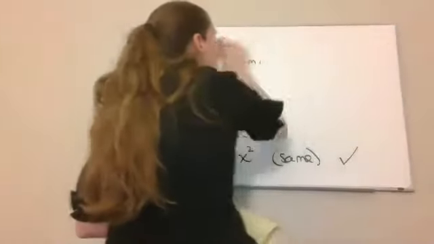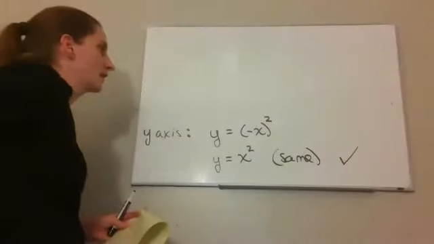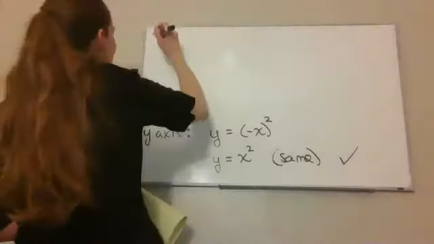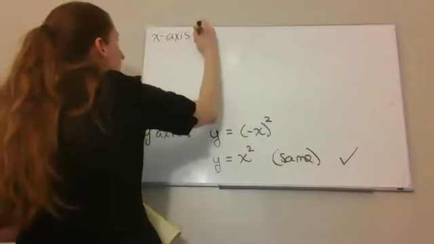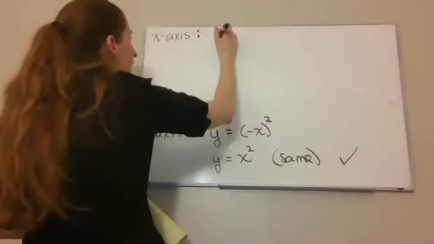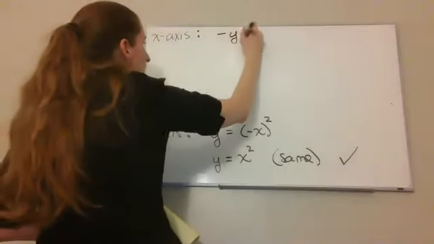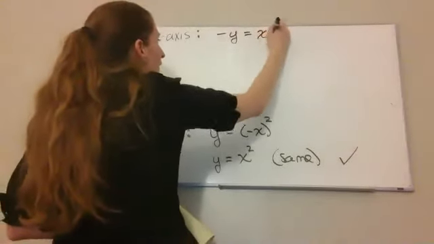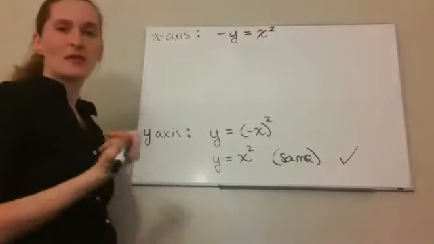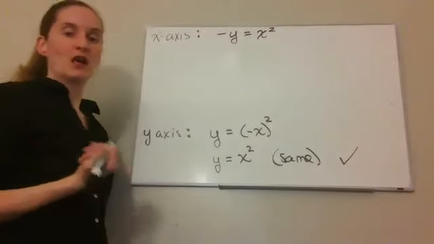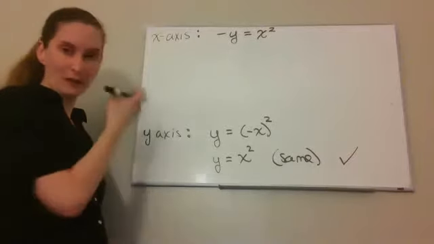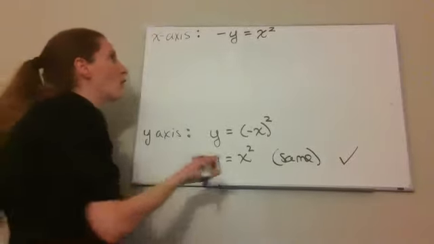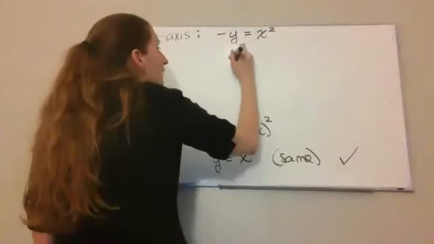Now let's do the same thing, checking the x-axis. And then we'll also check the origin. So to check the x-axis, we're supposed to replace every single y in our equation with negative y and see if we end up with the same equation as before. Well, my original equation had just a positive y by itself, so I'm going to solve this equation for positive y by multiplying both sides by a negative.